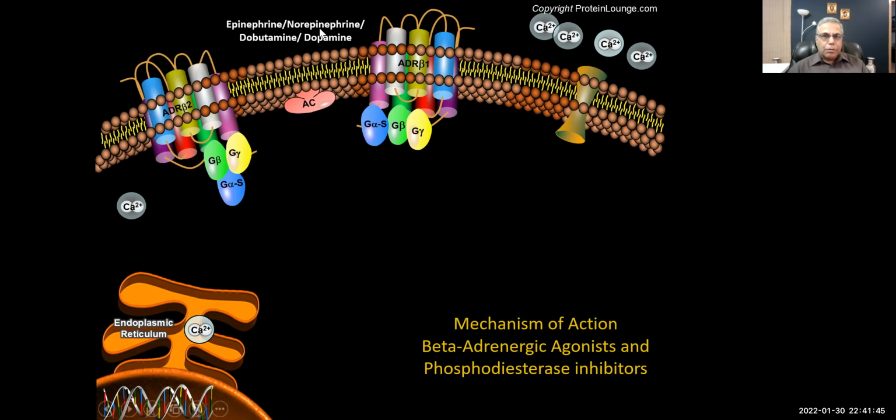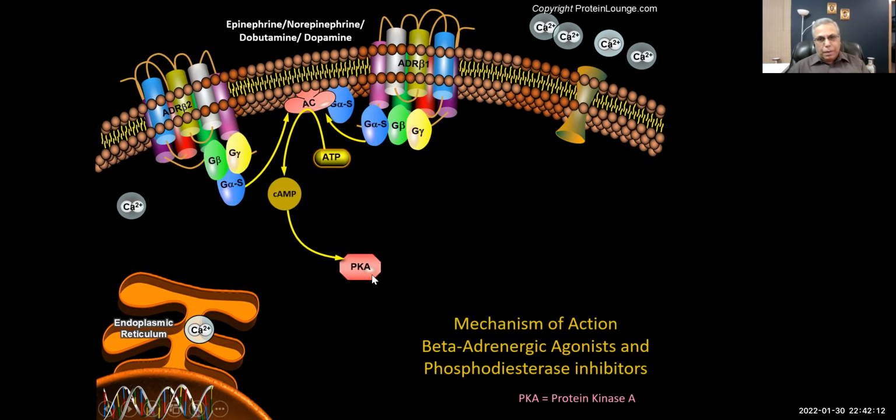So epinephrine, norepinephrine, dobutamine, dopamine, they bind to these receptors. And as a result, the G alpha unit dissociates from G beta and G gamma. If you remember the working of these G proteins, it will bind to adenylyl cyclase, and adenylyl cyclase will be activated and it will convert ATP to cyclic AMP, right?